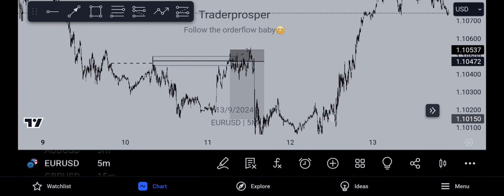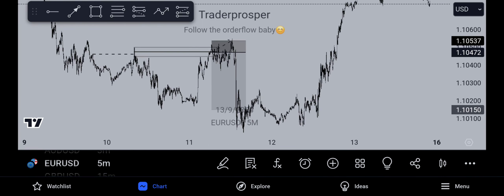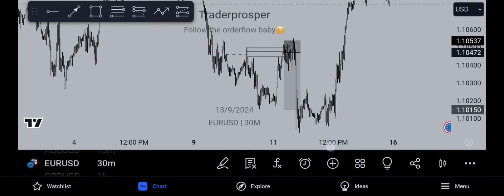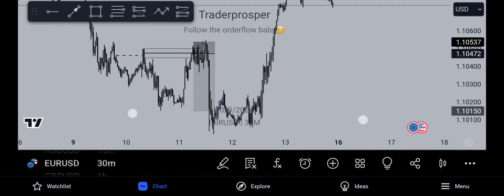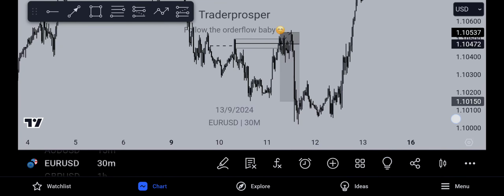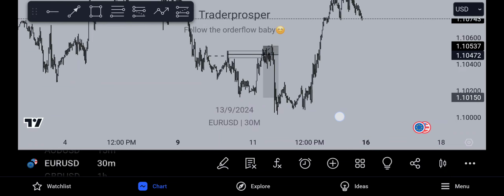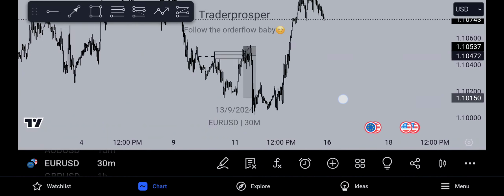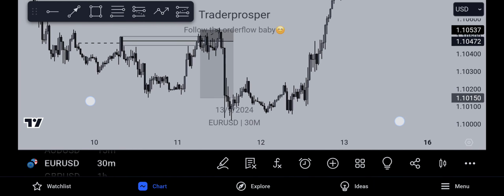I was like, wow, nice one, nice one. So that was our first trade on that pair, and that was our only trade, our first and only trade. So that was what we had on EU, and we did not take any other trade on EU.